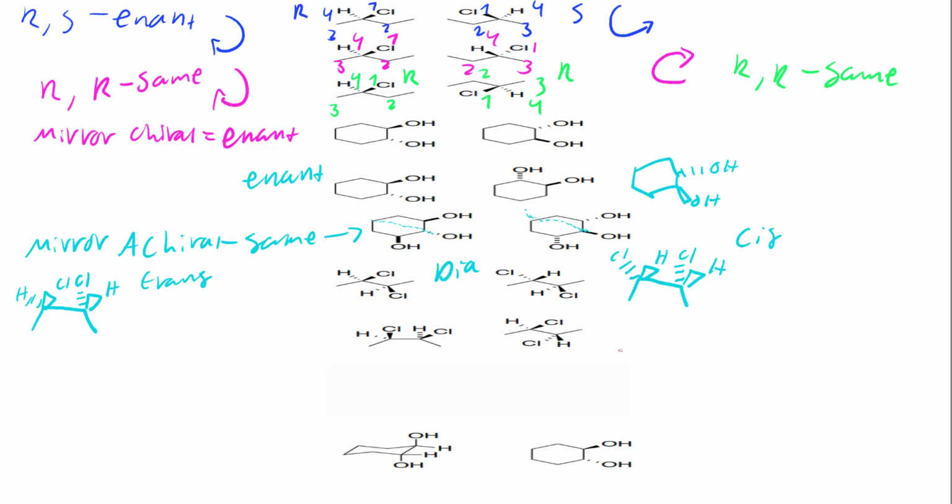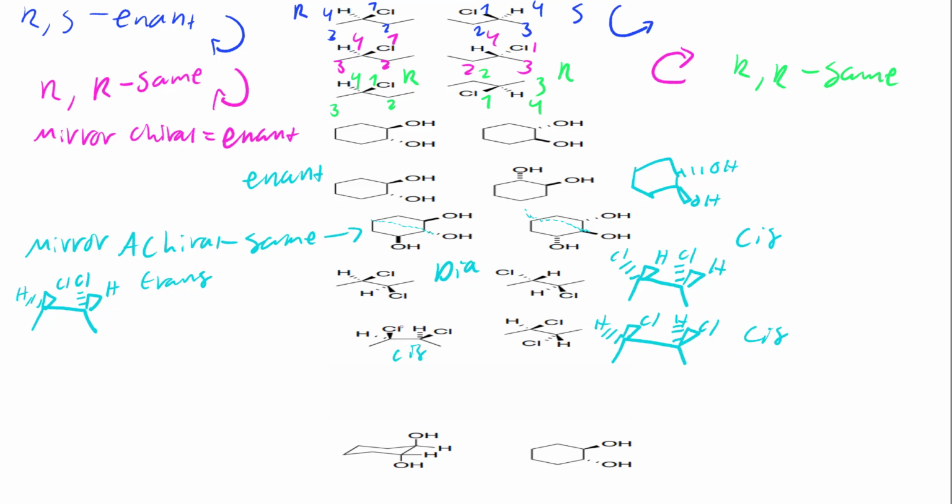Alright. This one looks okay with the orientation. This one looks kind of weird, so I'm going to reorientate it. Cl, hydrogen, whatever was a wedge becomes a hash. Whatever was a hash becomes a wedge. Alright, so you have a cis, and then you have a cis. Alright, so cis, what is that? Well, I don't know yet.